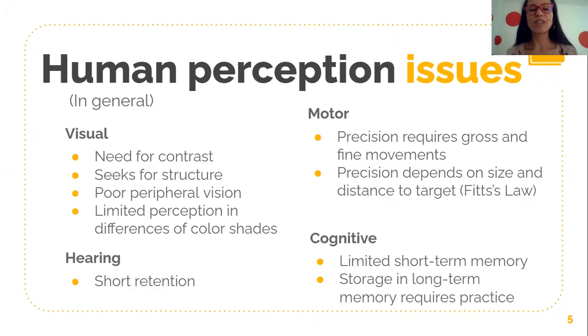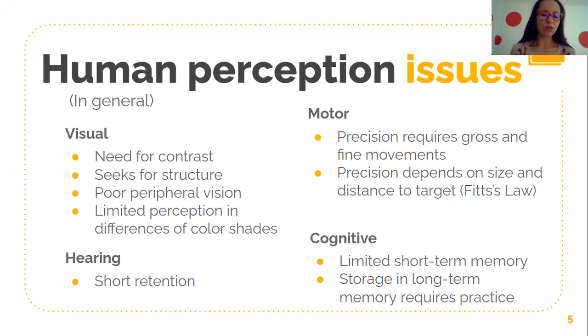So first of all, let me start with the human perception issues in general. I wrote here, which means that these are not the issues of people with different disabilities, but these are issues that we all share, that we all have as humans. And they relate to perception.